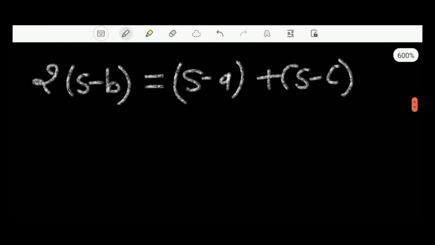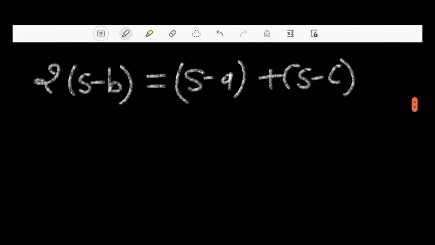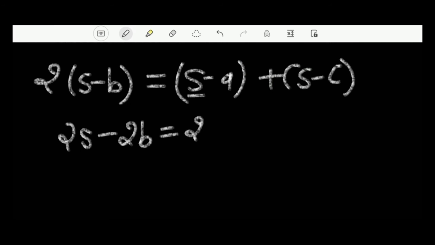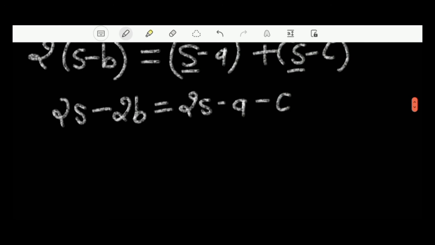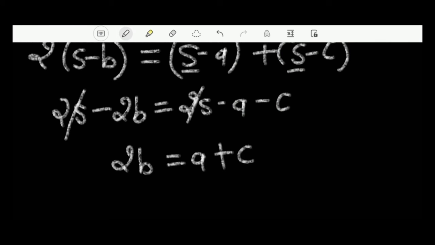And here we can multiply this 2 inside the bracket, and we can say that twice of s minus twice of b is equal to, here we can add these two terms and we'll get twice of s minus a minus c, and after cancelling this term we can say that twice of b is equal to a plus c.